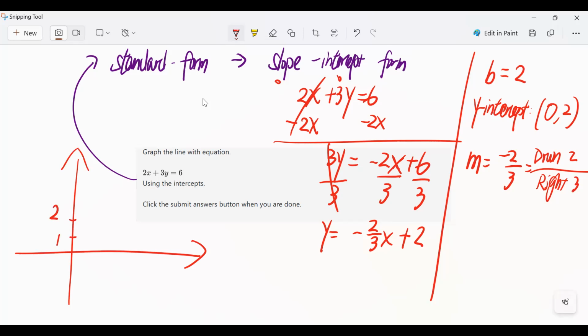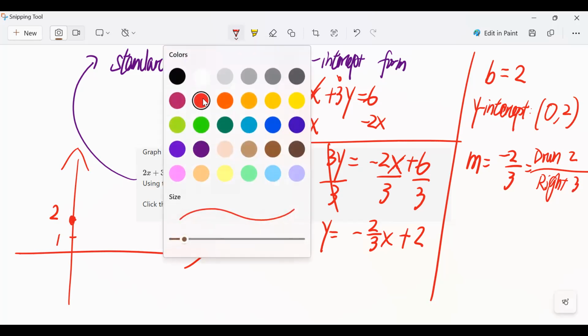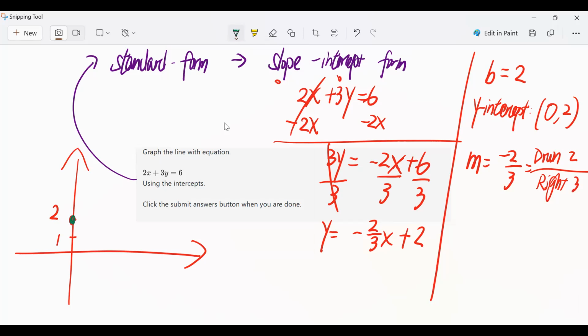So when you sketch the graph, start with the y-intercept. Now we want to go down 2 units: 1, 2. Then go to the right 3 units: 1, 2, 3. Then we stop right here. And again, get two points, connect them, extending in both directions.